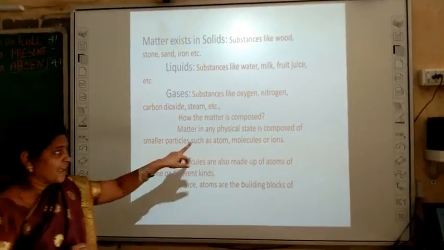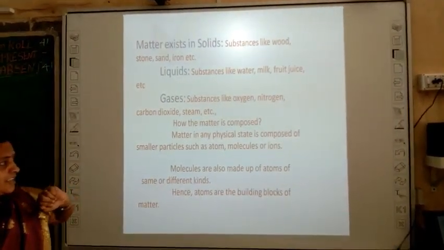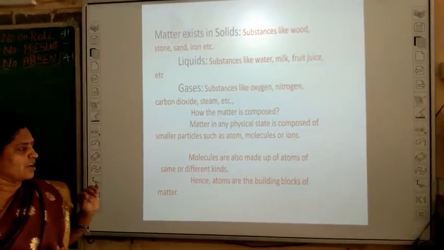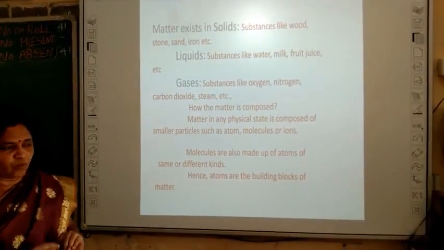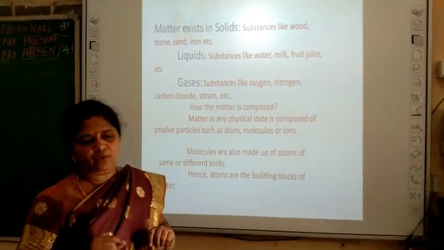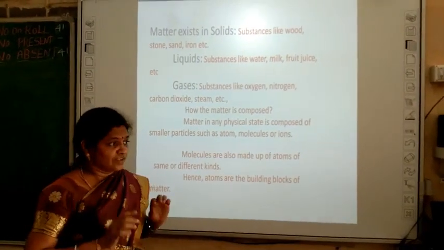What are they? Atoms, molecules or ions. Next, molecules are also made up of atoms of the same or different kinds. Now, what is an atom? Already we know that an atom is the basic unit of all living things and non-living things.